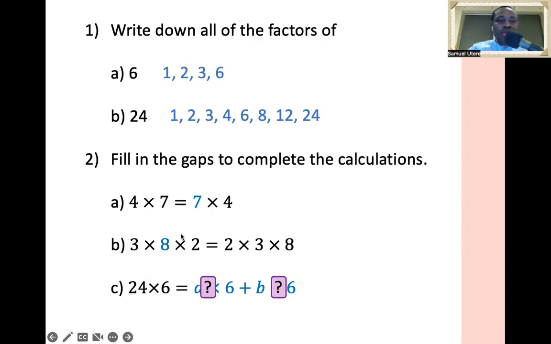We've simply moved the 8 to that side and the 2 and the 3 to this side. For question 2C, you can have several answers. That's why it is written as A and B. You can have 10 and 14. You can have 20 and 4. So different answers would work, provided the answers add up to 24.